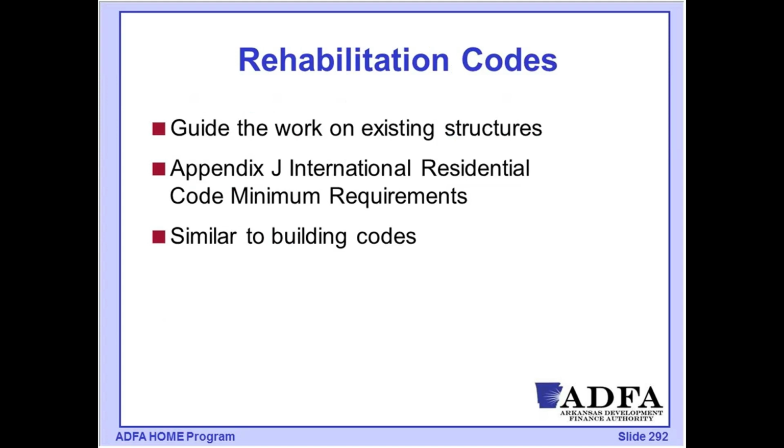So those rehabilitation codes provide a guide on how you're going to address those existing structures. In some cases, with your initial inspections on properties, you're going to be trying to determine, with the funding that you have available for that property, can it be brought up to the required standards and codes within the funding that you have available.